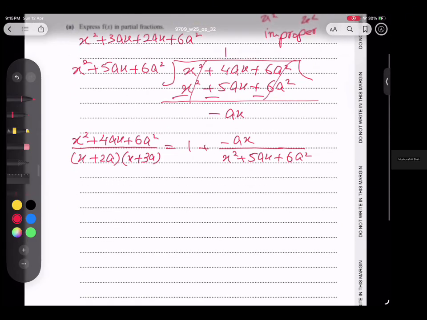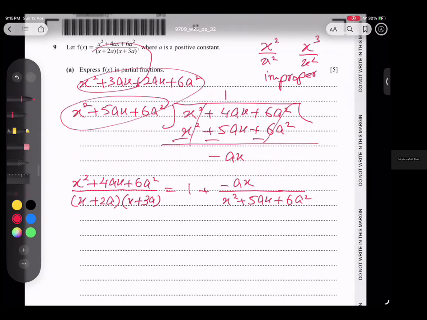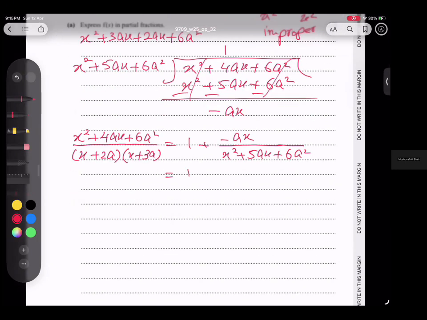But do you know I got this from here? So this denominator I can convert back into this format. So I got negative ax on the top here, or it is better to put the negative on the top, no problem. So here I'm writing x plus 2a or x plus 3a, or this negative outside, no problem at all. Both are the same.